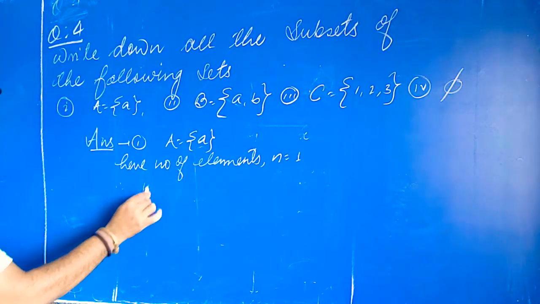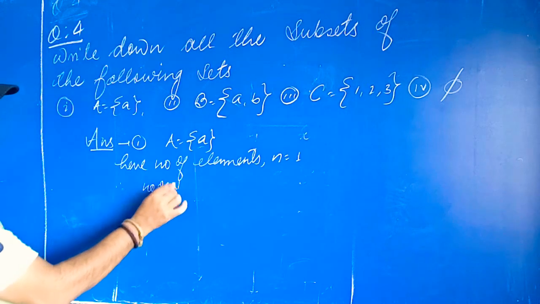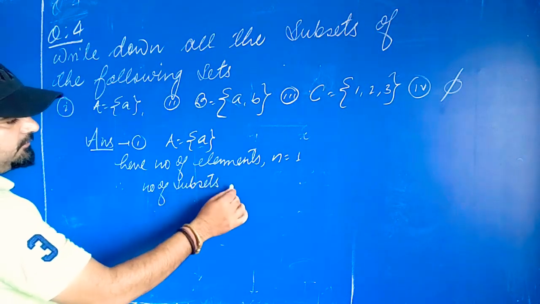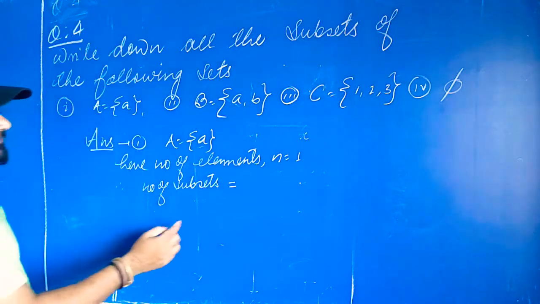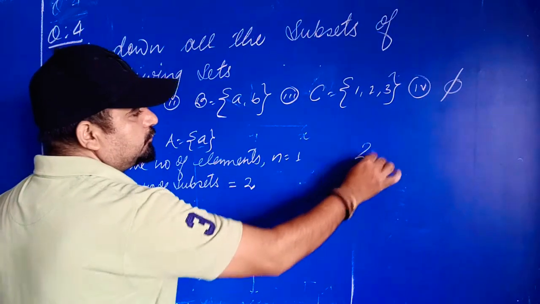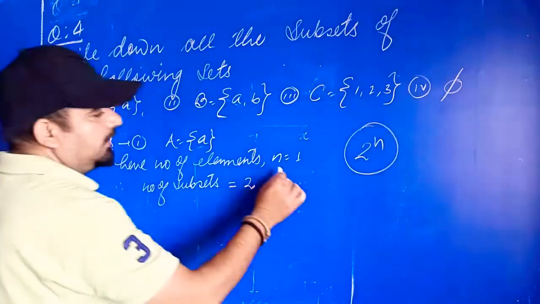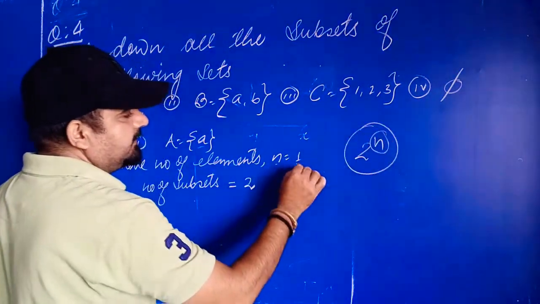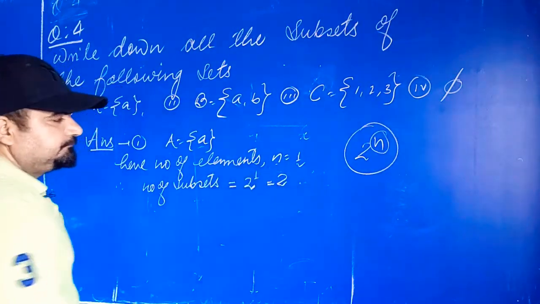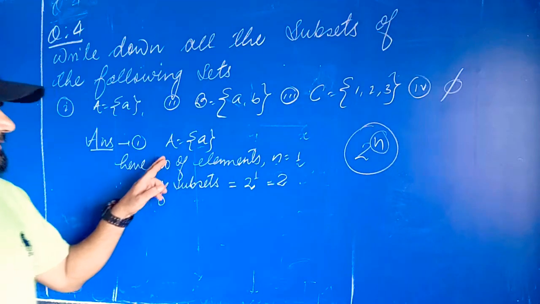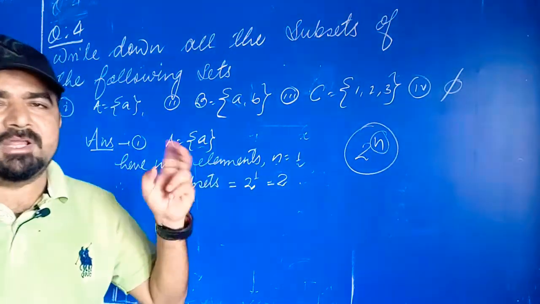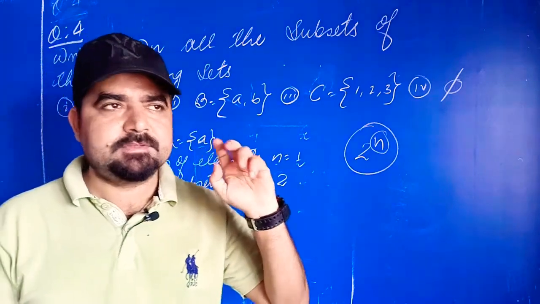Therefore, number of subsets this set can have is equal to 2 to the power n, the formula was, and what is n here? n is 1, so it will be 2 to the power 1. 2 to the power 1 is 2. So this set, having an element A, will have two subsets.